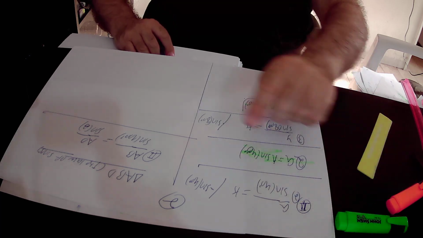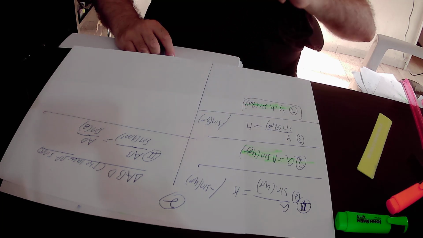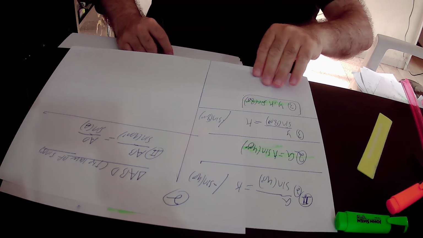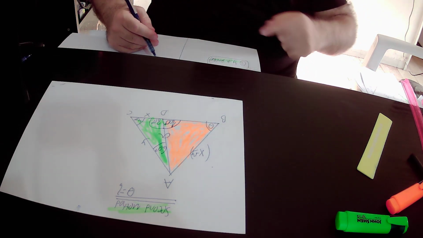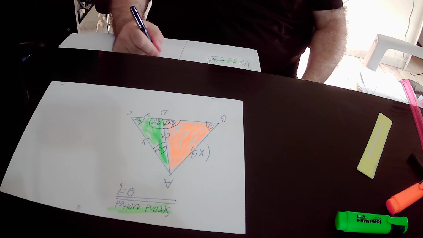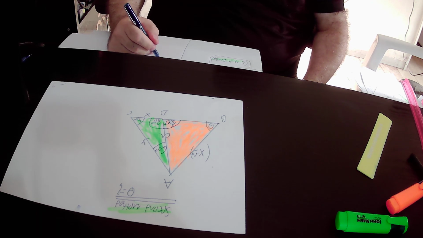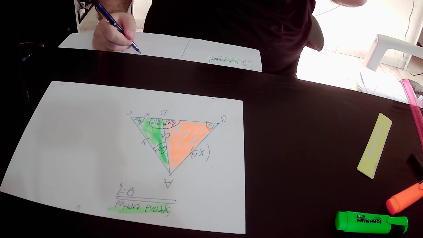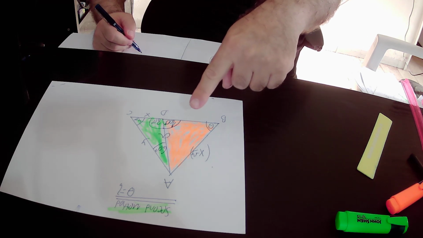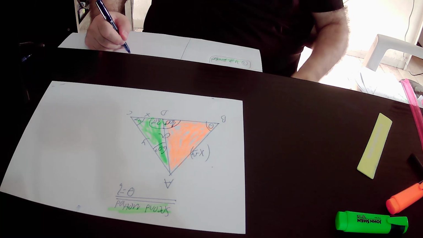According to the law of sines in the orange triangle ABD, AB over sine 100 degrees equals AD over sine theta. AB equals x plus y, so we substitute AB by x plus y, and AD is A, so we substitute AD by A.